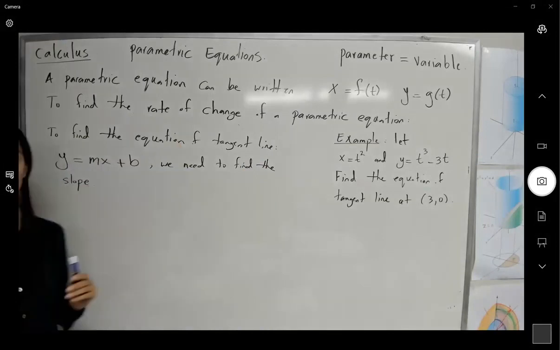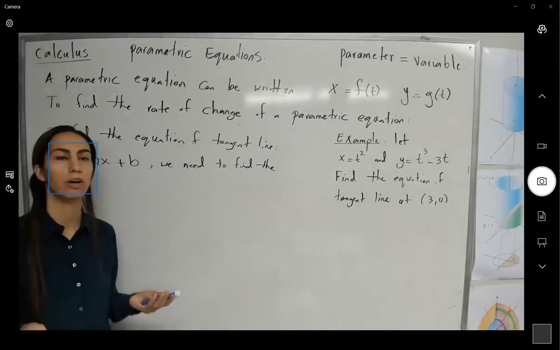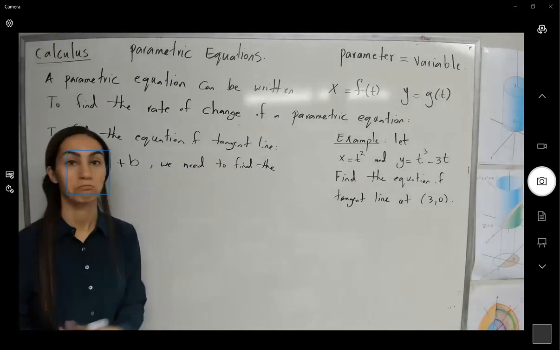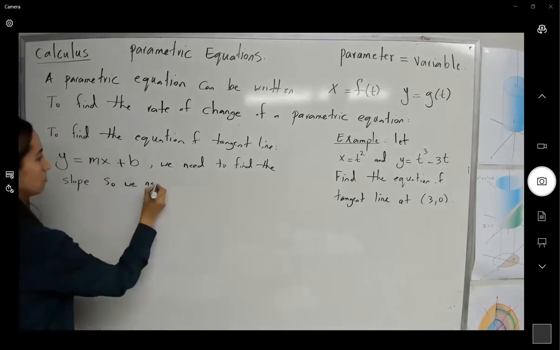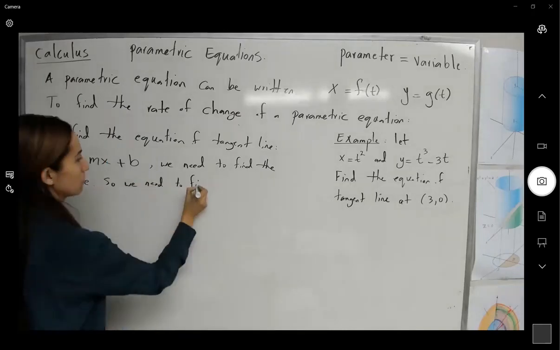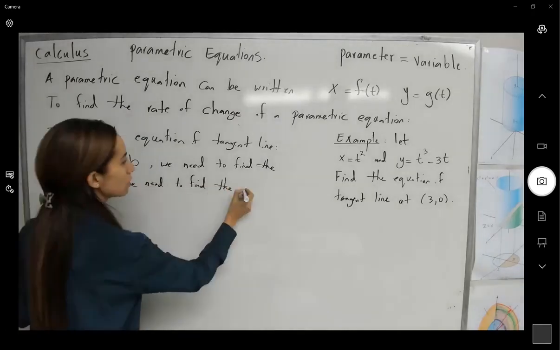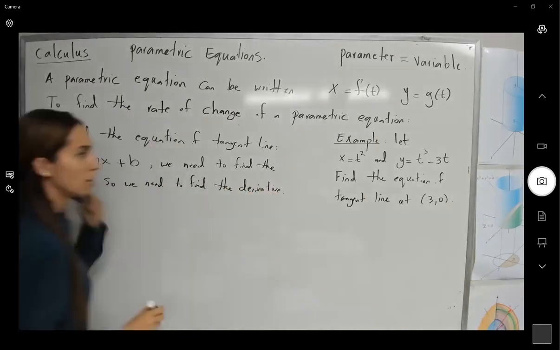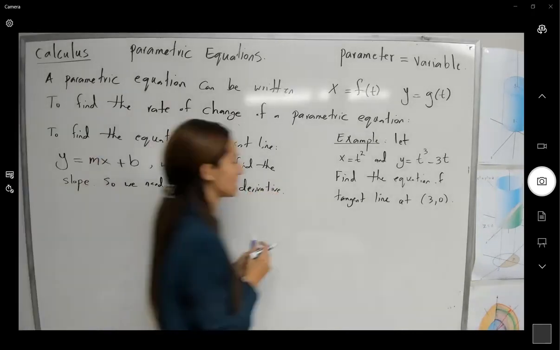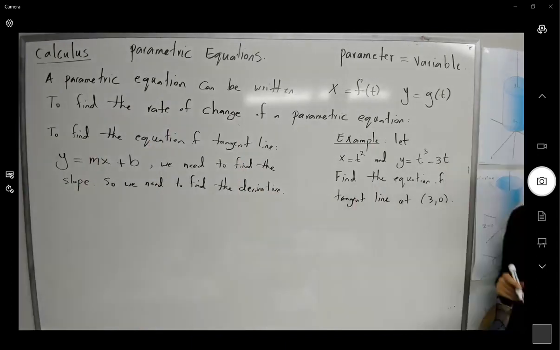Well, to find the slope, we need to find the derivative of this, whatever the equation is. So we need to find the derivative. To find the derivative, see if you can get rid of your t.